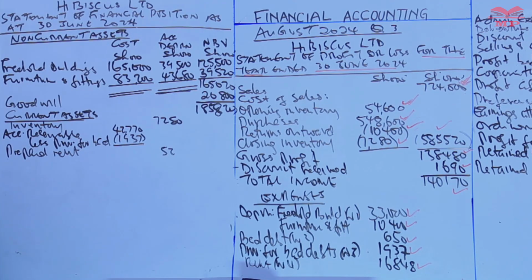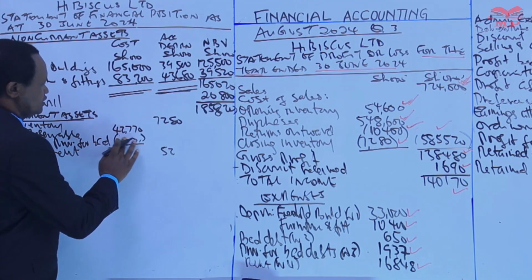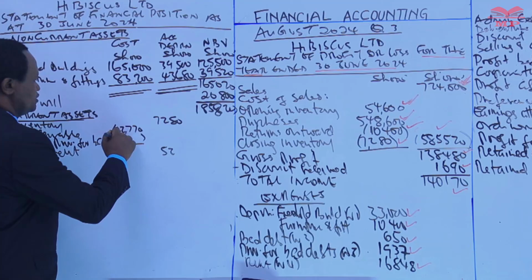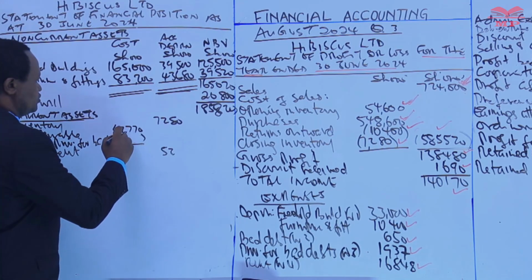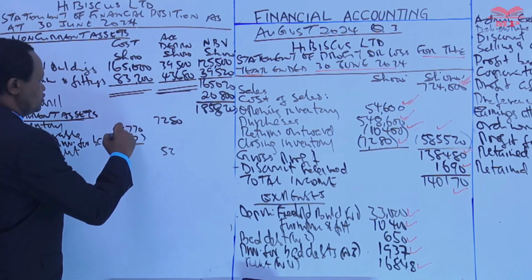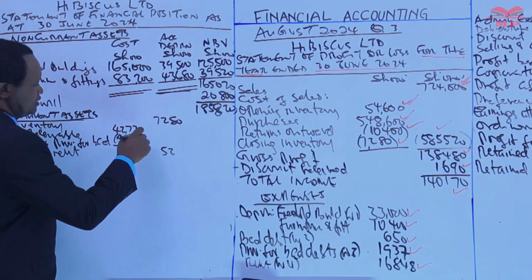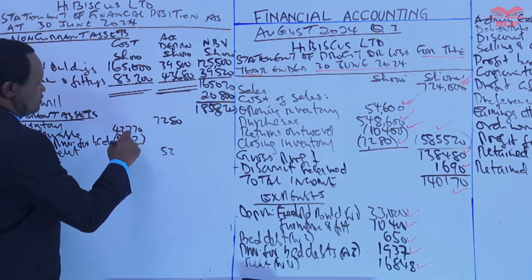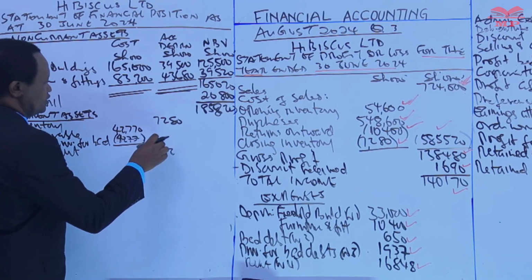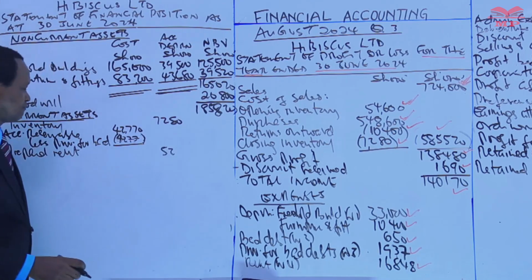The balance carried down on allowance for doubtful debts was 4,277. And it is true because it is 10% of 42,770. 10% of 42,770 is 4,277. So get me the net.